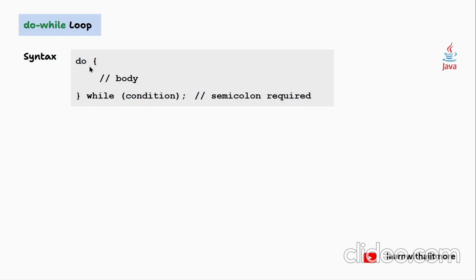And remember, in do while loop also, if your body is performing only one line, there is no need of brackets. Bracket not compulsory. If between do and while the body is only one line of code, these brackets are not mandatory.